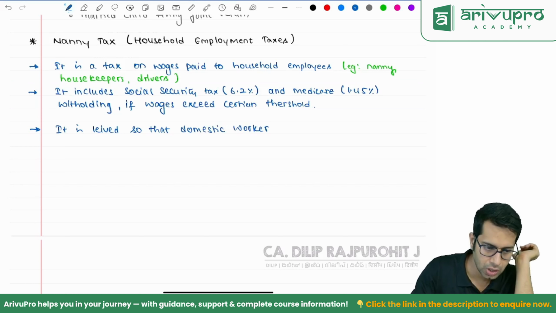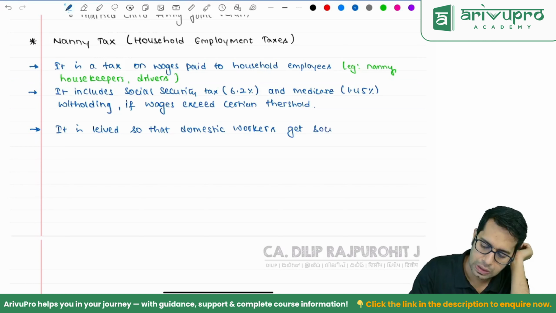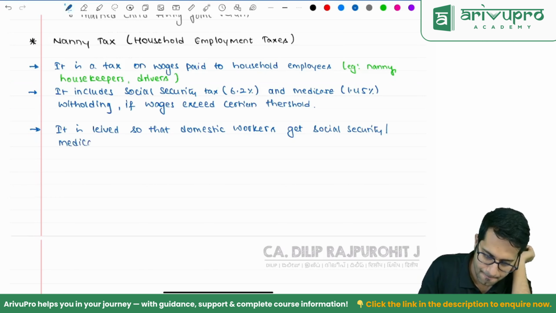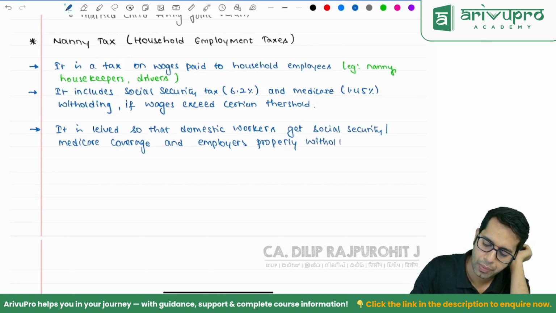It is levied so that domestic workers get social security or Medicare coverage, and the employers properly withhold or pay taxes, and the employer also pays the taxes on that particular income.